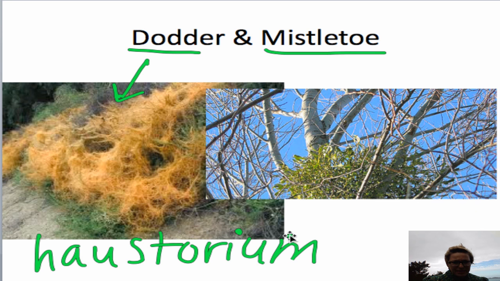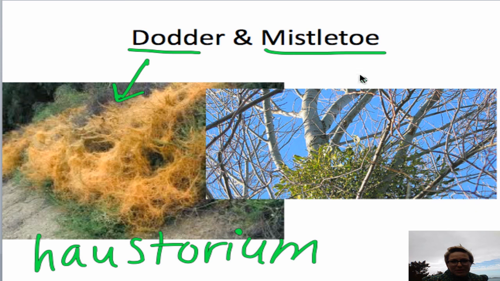They are basically little penetrating tubes that the dodder grows, and it puts the tubes into the tissue of other plants, and it basically lives off of the beneficial tissue of other plants, ultimately killing it.